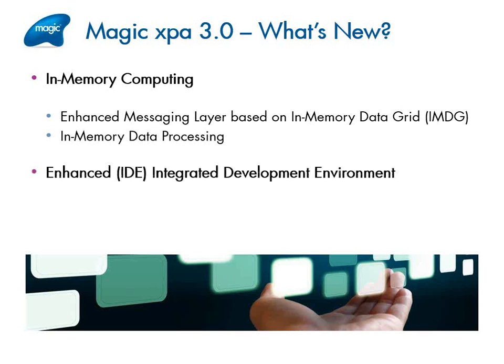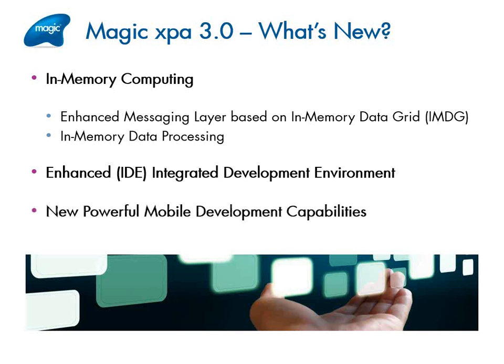We will give a little bit more detail about it, but everybody that actually tried the new version knows what we mean. And we have new powerful mobile development capabilities, across the board, a lot of tweaks and improvements that make XPA 3 even more ready for the mobile era that we are actually in.